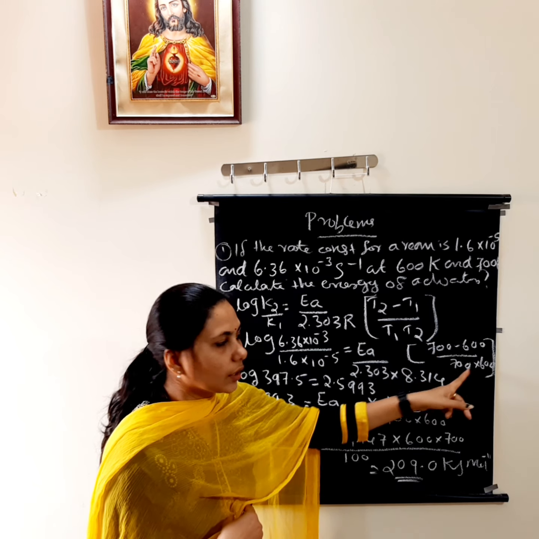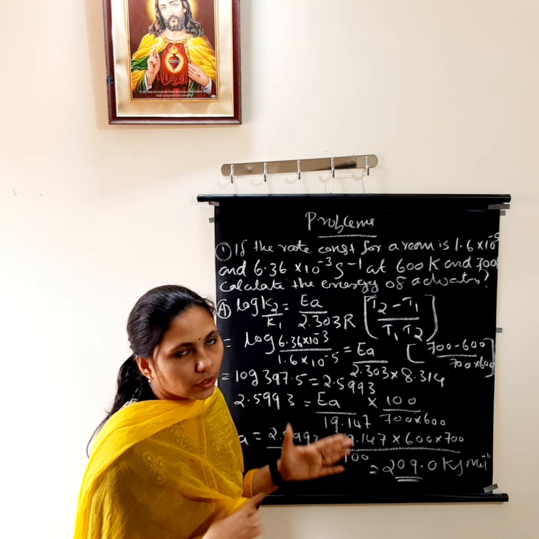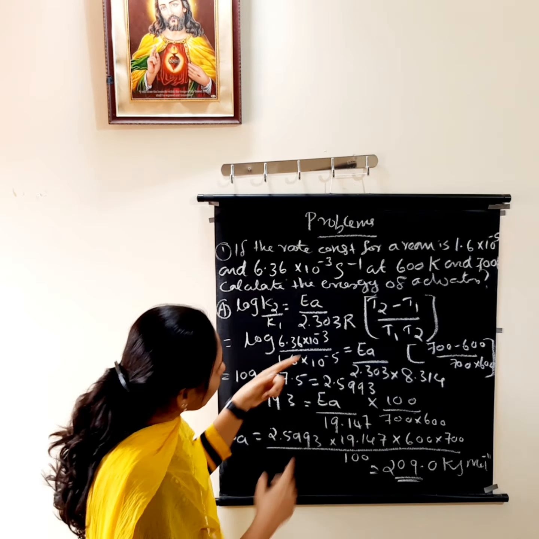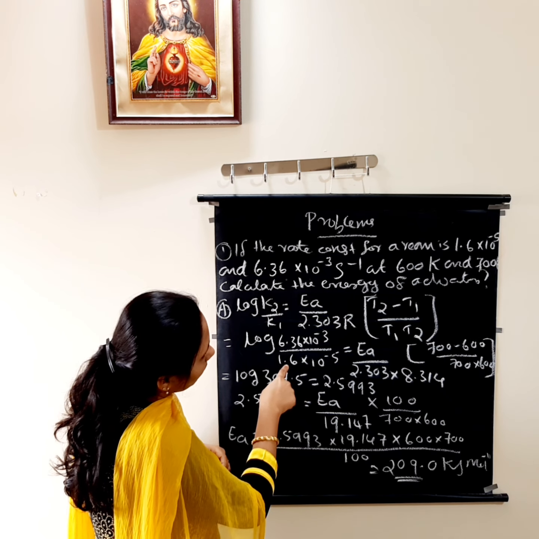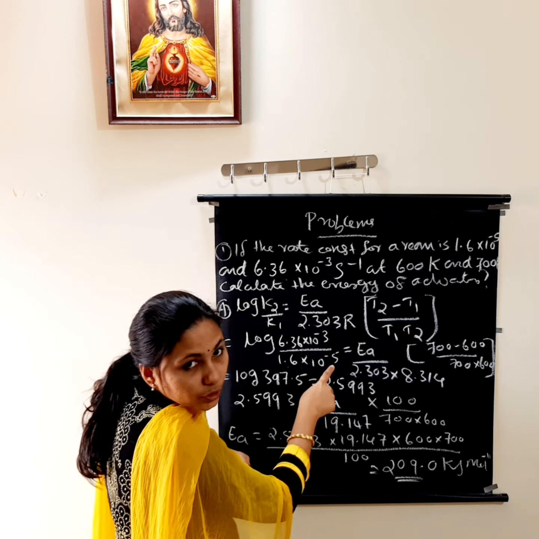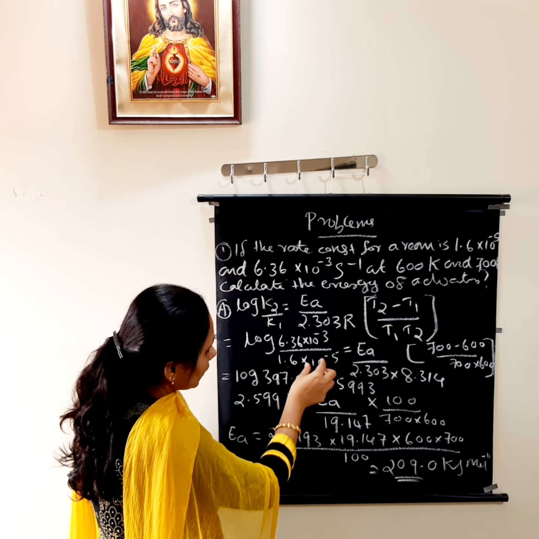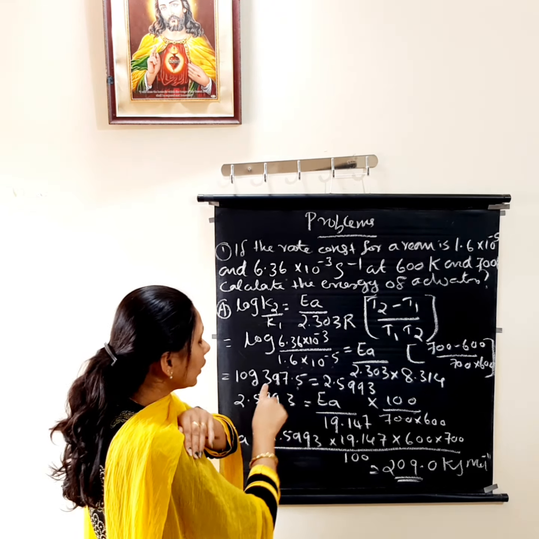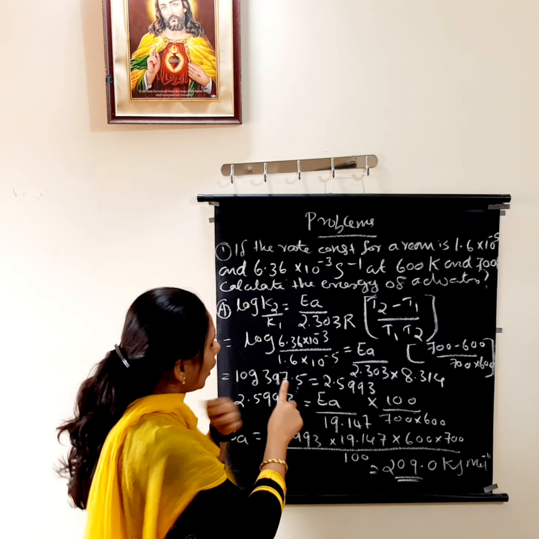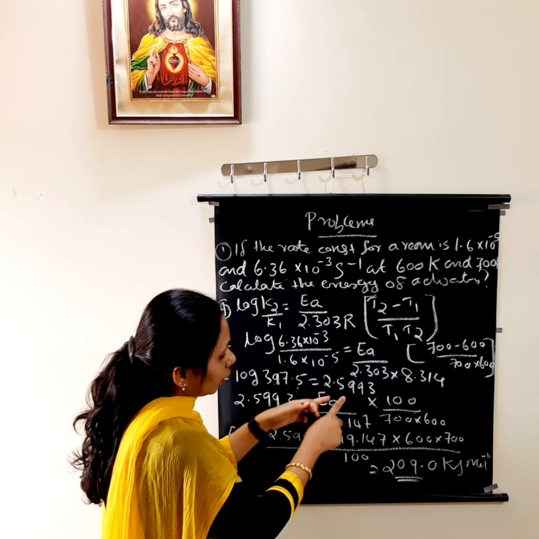Actually T1 means 600 into 700, I wrote 700 into 600. It is not a problem. After solving this part, log of 6.36 × 10^-3 divided by 1.6 × 10^-5, we will get log 397.5.